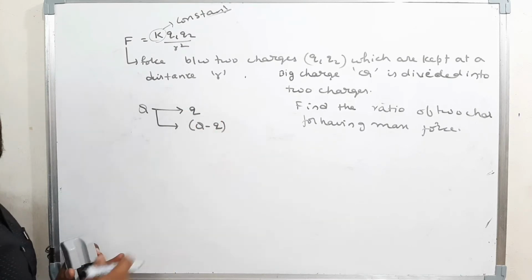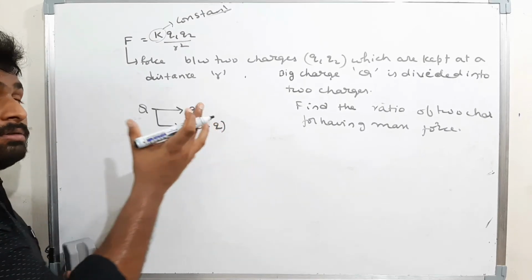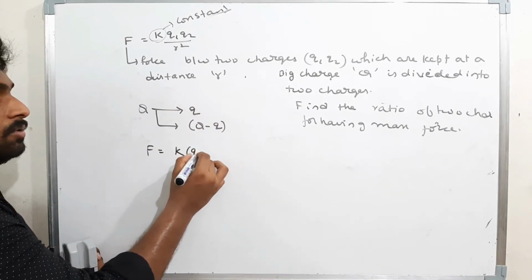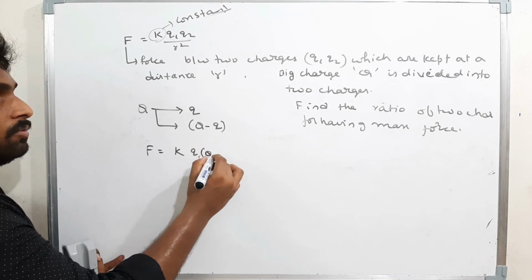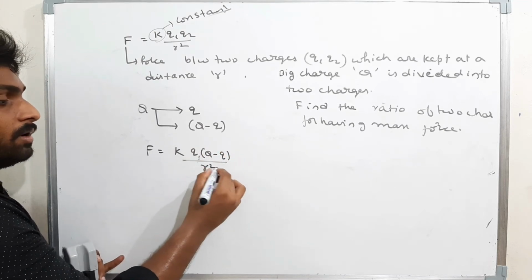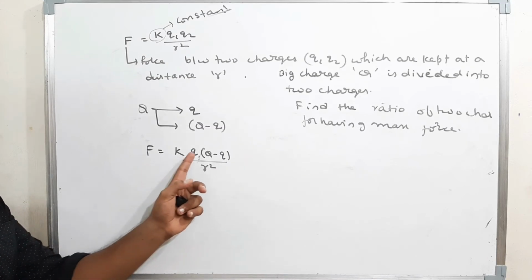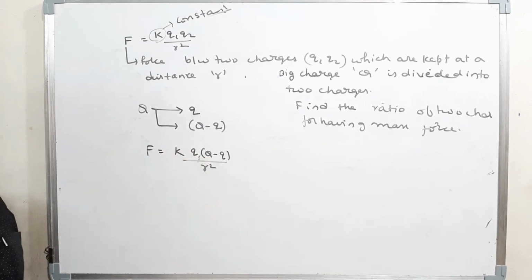These are two charges. Now, for having maximum force, that is F is equal to K into q into Q minus small q by R square. For having maximum force, they told to find the relation between Q and small q. Then you have to find the ratio.